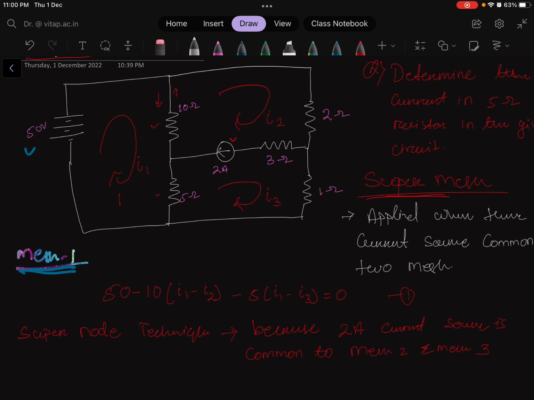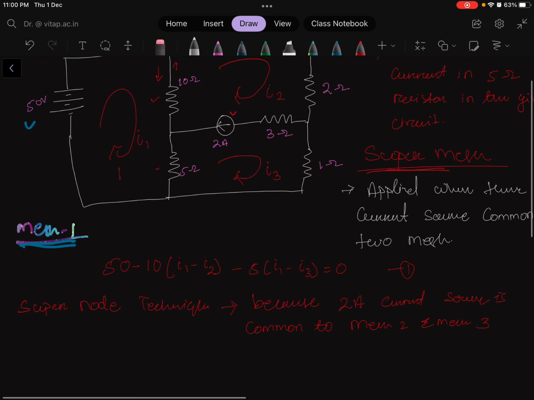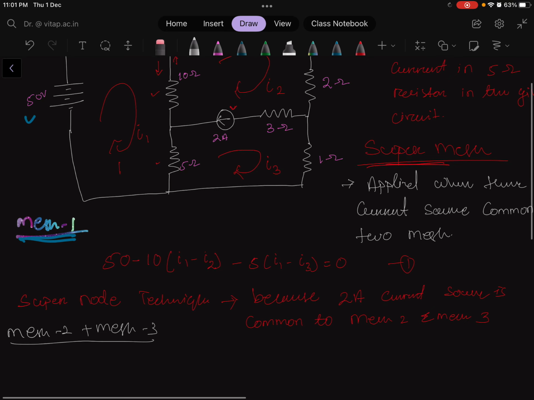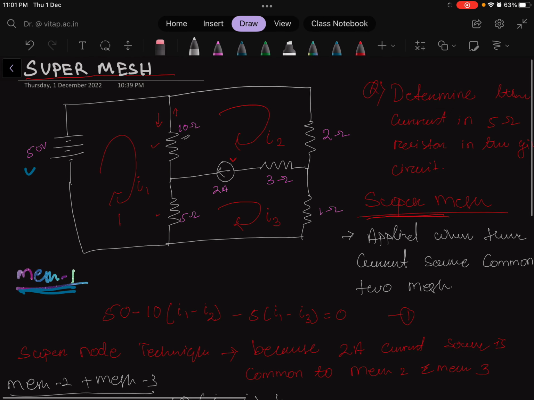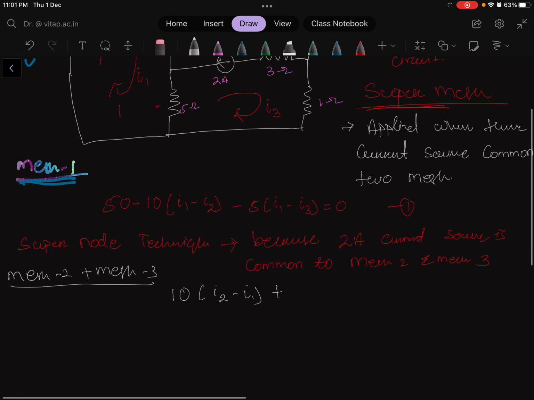Let us write that equation, then you will get a better understanding. We have to write mesh 2 plus mesh 3, adding both at the same time, since we are combining these two meshes. So what will the equation be? Starting from here: 10 into (I2 minus I1), then plus 2 ohm is there, so plus 2 into I2.